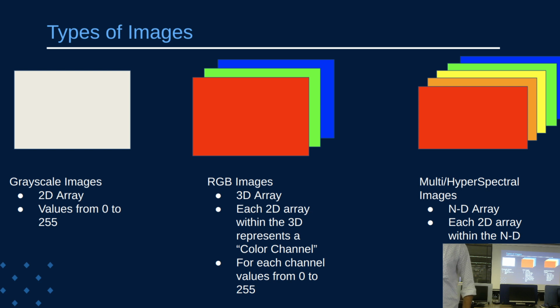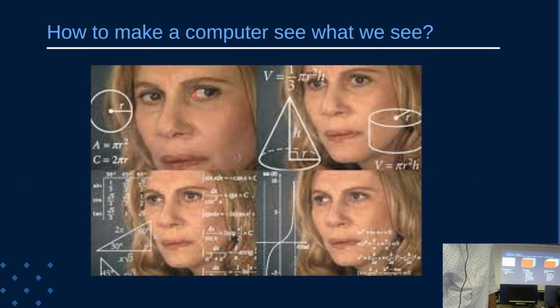You can also have the same thing talking about depth. Those are multispectral images. For this use case, we would stick to RGB. We would not go for color. So now we understood what an image is to a computer.